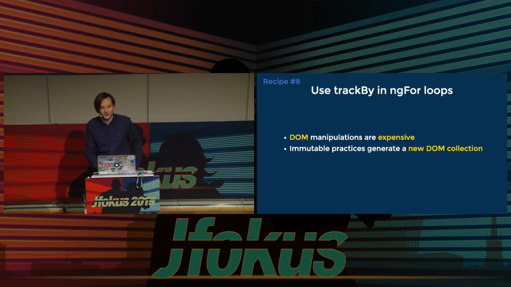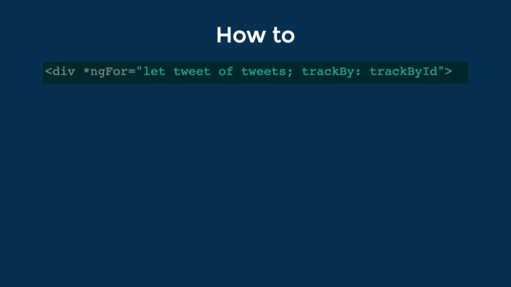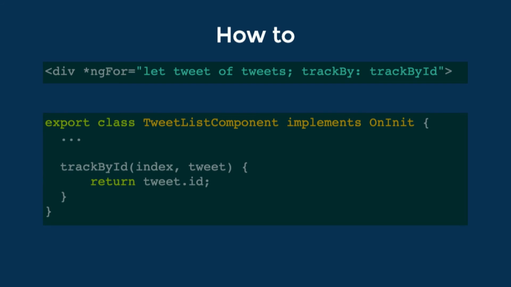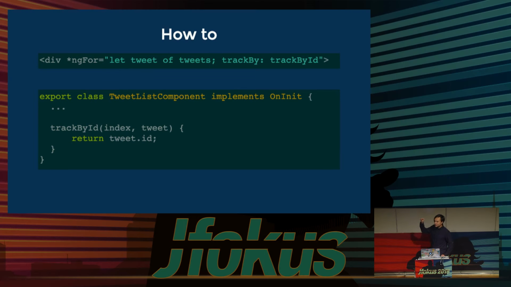So how to start with trackBy? I believe it's again more of a reminder for you. Back to this sample with tweet feeds. Just use the trackBy option in the ngFor directive, and what you pass is the name of the method inside your component, where you just give a hint to Angular: this is the field you can rely on, this field is unique.